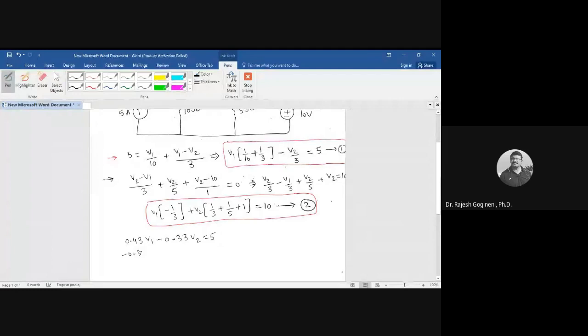Minus 0.33 V1 plus 1 divided by 3, 0.33, plus 1 divided by 5, 0.2, plus 1, that is 1.606 V2 is equal to 10. So solve these two.